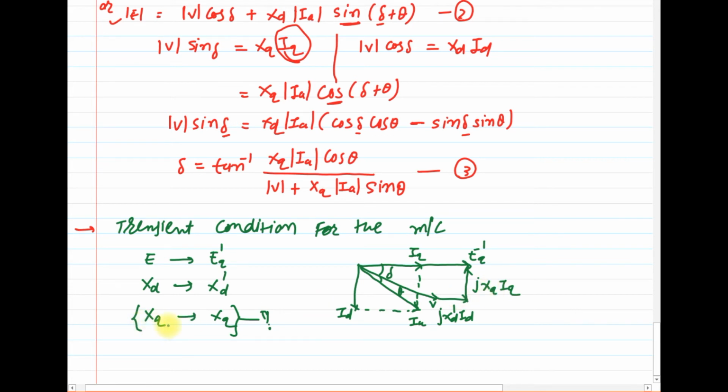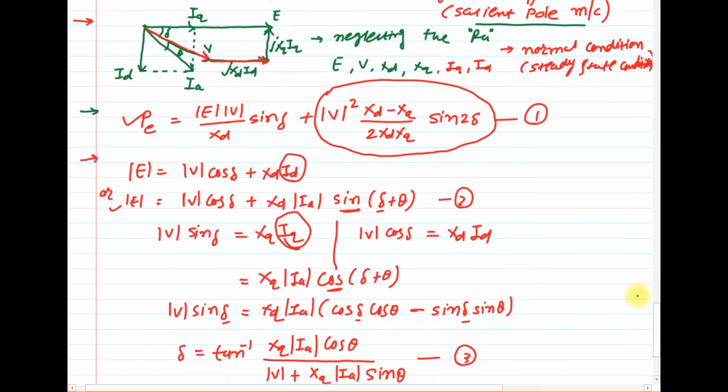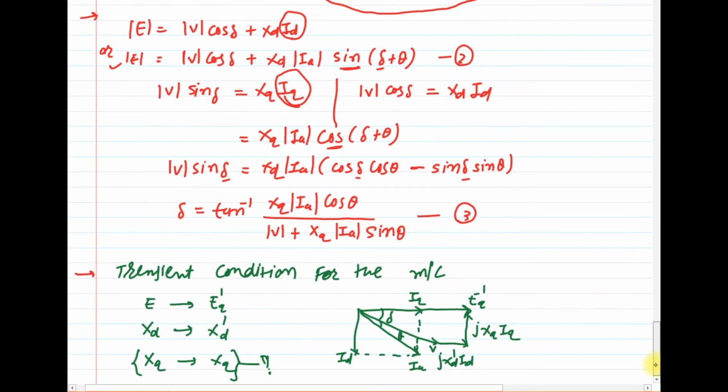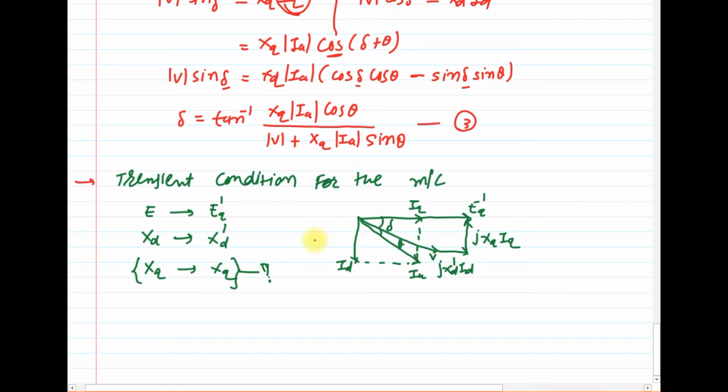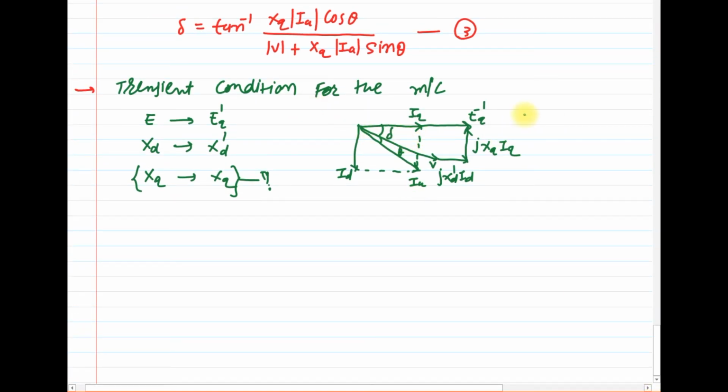XQ will remain as it is, that you have to find out by yourself. Clear? In the first part of the theory, we drew the phasor diagram for the normal or steady state operating condition for the salient pole machine, and in the same way here with the condition of transient. In the phasor diagram, we have also considered the same effect, neglecting the armature resistance.